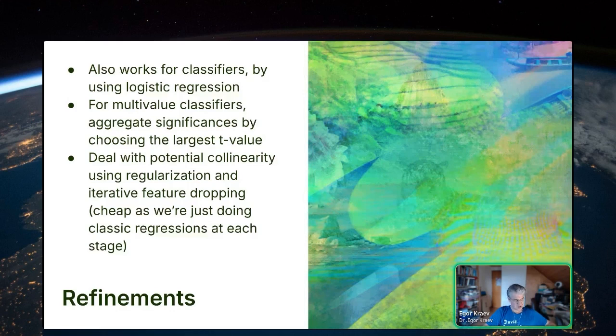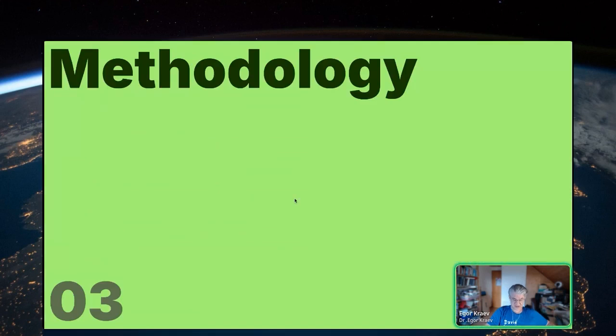So if the conditioning number of the Shapley values feature matrix is very high, then we drop the feature with the lowest significance, refit the linear regression, and repeat until the conditioning number gets good enough, and then we can just run the regression on the rest. This is iterative, but it is a cheap iterative, because at each iteration we're just fitting a linear or logistic regression.